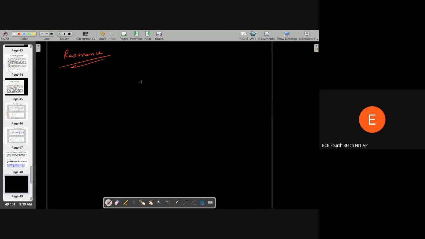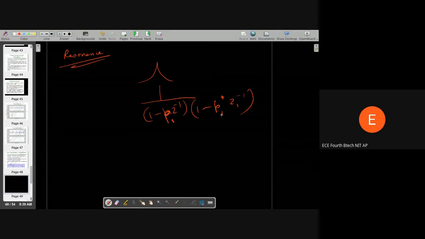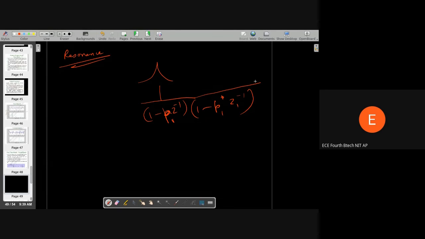For any particular resonance, how does the transfer function look? It's a pair of complex conjugate poles. Let's take P1 and P1 star. If you have a pair of complex conjugate poles near the unit circle, a resonance is produced.